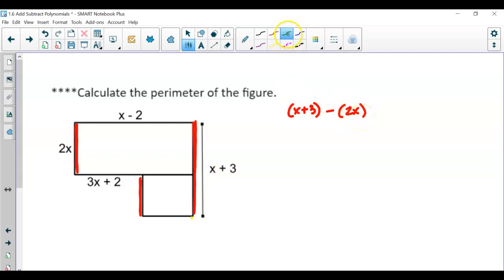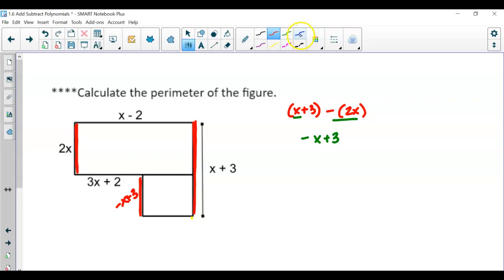So notice how here you have x minus the 2x, which is negative x, then nothing else with your constant, so negative x plus 3. So this missing side here is negative x plus 3. So here you're taking the total and subtracting this side to figure out what the other side would be when you add them together. Because notice how 2x plus negative x is x. Then there's only the plus 3.